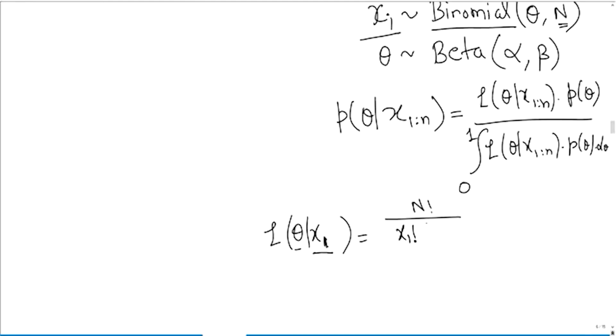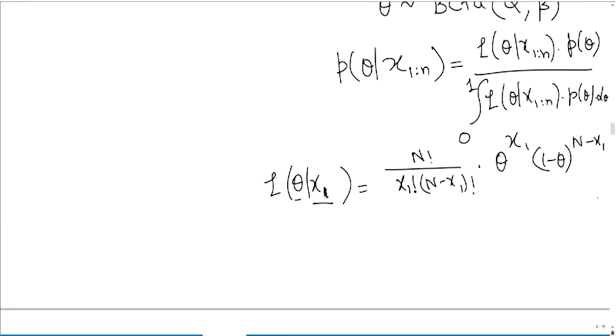This is N factorial divided by x1 factorial and N minus x1 factorial, and here theta to the power x1, 1 minus theta to the power N minus x1. This is the likelihood of observing x1, the data from the first experiment.